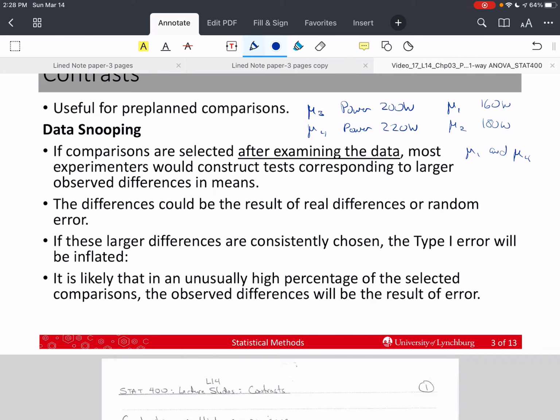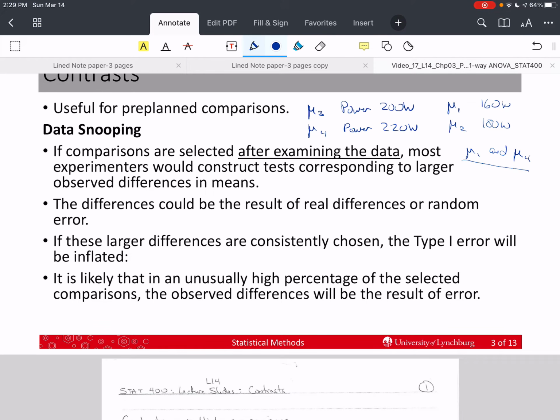But looking at what we had, we saw from the box plots that as we increased the power, the etch rate increased. So it looks like we're going to reject our hypotheses, and in fact, we did when we ran the ANOVA. So with that, I may say I want to look at 1 and 4 because it's the biggest difference.